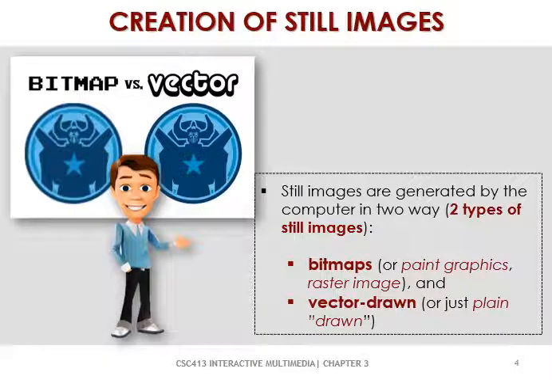Still images are generated by the computer in two ways. The first one is bitmaps, or we call it paint graphics or raster images. The second one is vector drawing, or we call it just plain drawing.